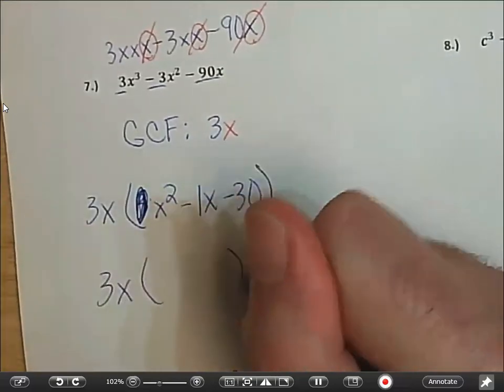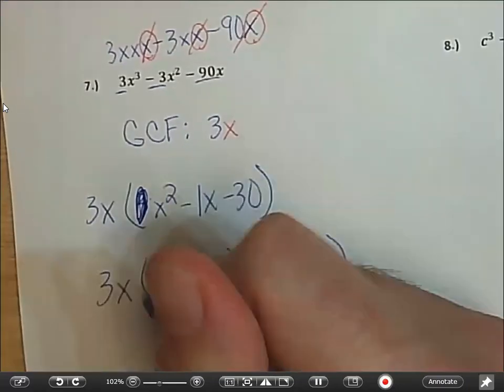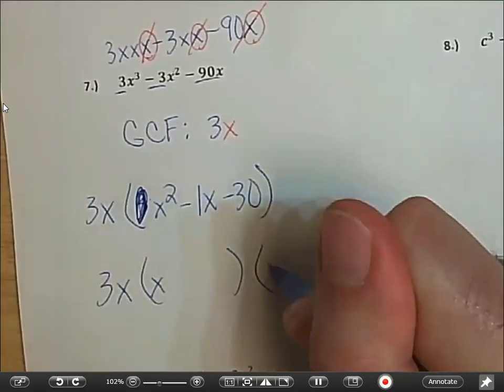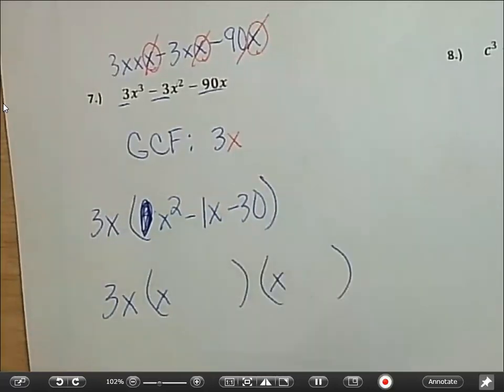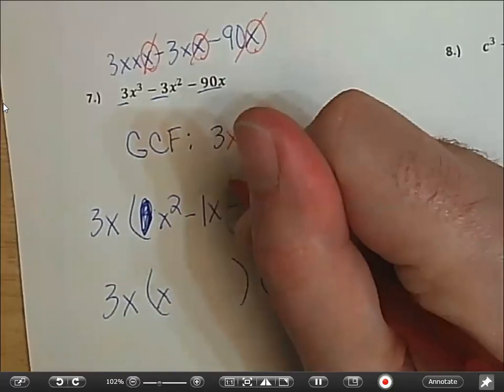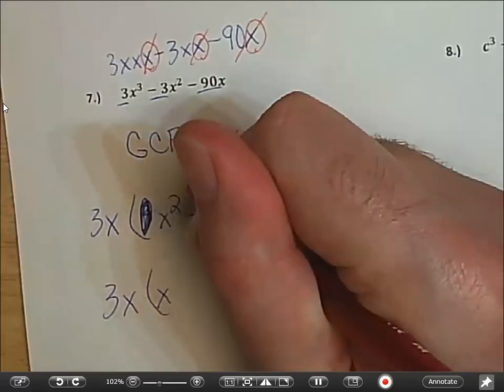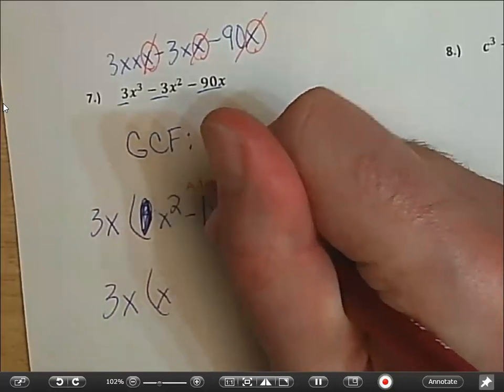All righty, let's bring this one home. So now if you're going to factor this, you've got x and x, and we have to play that game where we need numbers that multiply to negative 30, but that add up to negative 1.